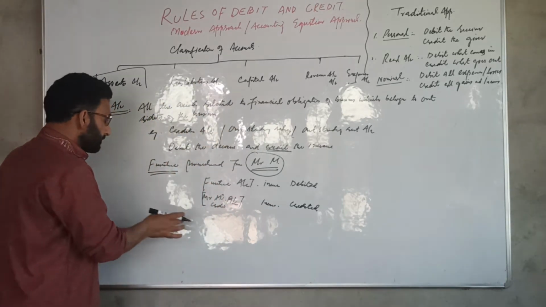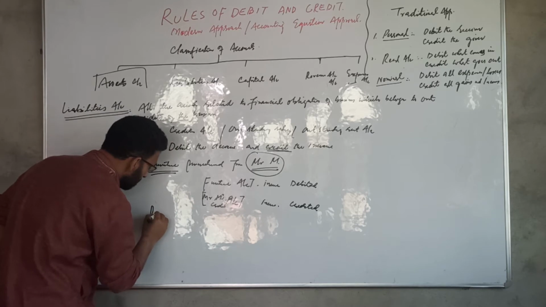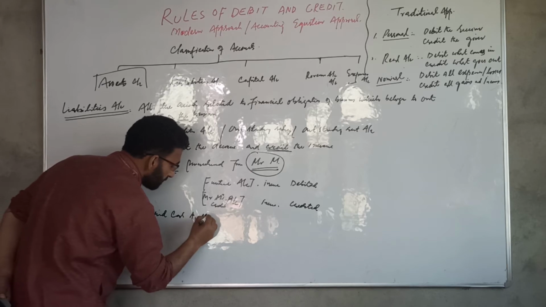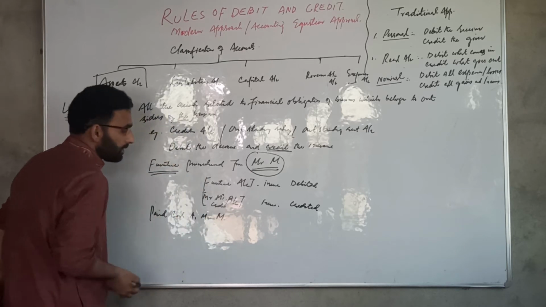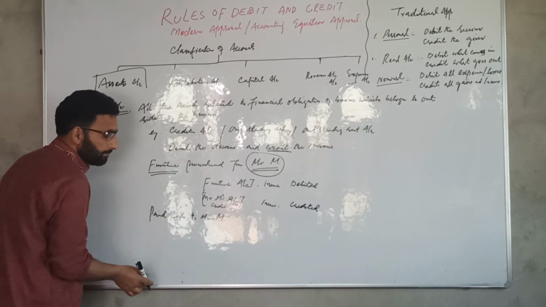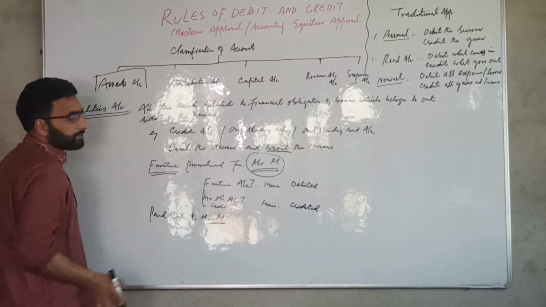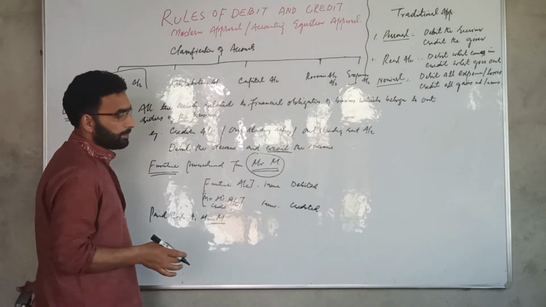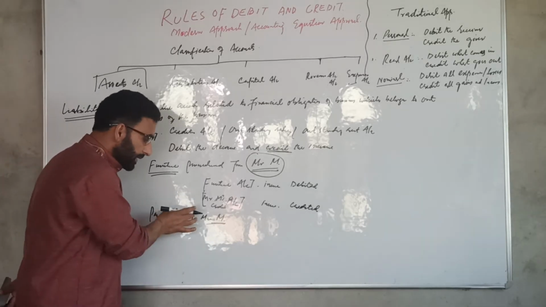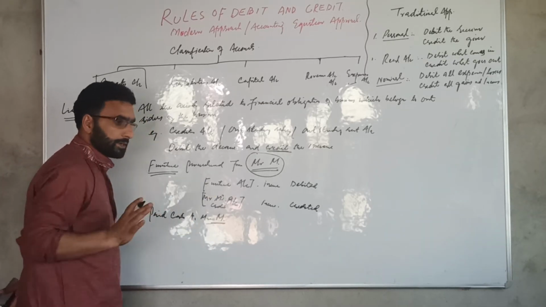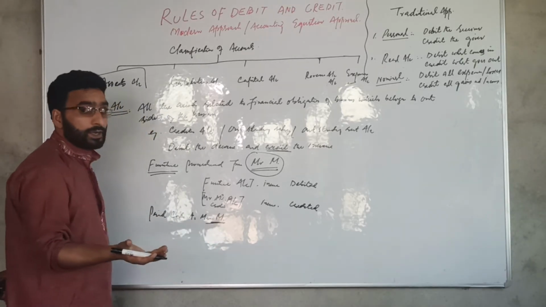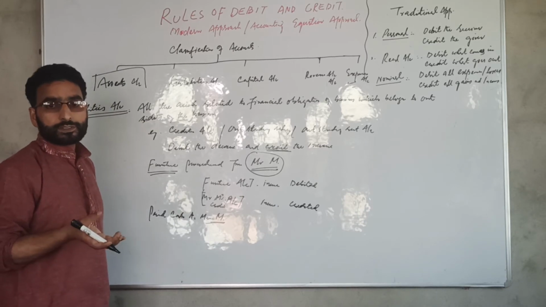Another example: paid cash to Mr. M. Business had purchased the furniture from Mr. M. Mr. M was the creditor and the business owes money to Mr. M. Now the business paid money to Mr. M. So Mr. M got cash and the business lost cash.